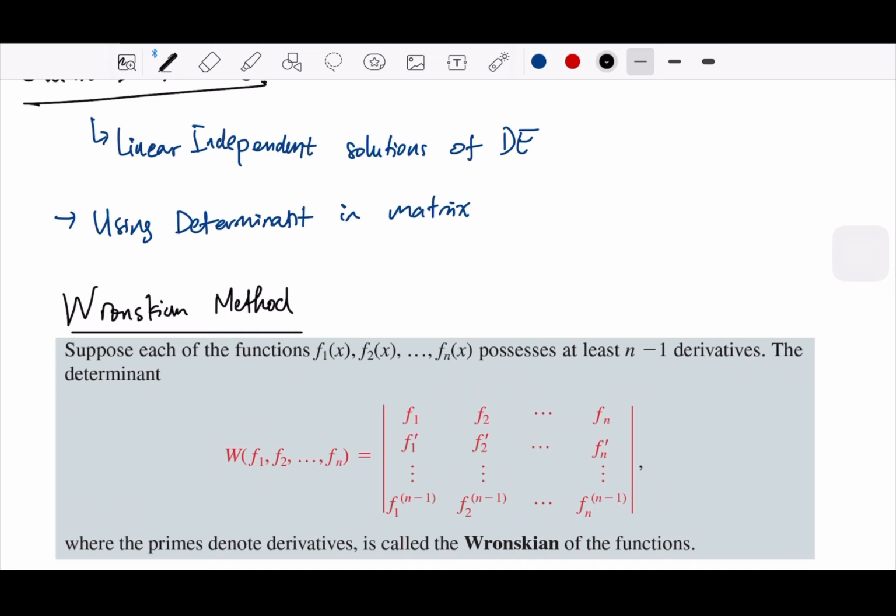If you have these 2, then this is f1 f2 prime minus f1 prime f2, the determinant. If you have 3 by 3, you compute the 3 by 3 matrix determinant. I will try to involve some of the computations so we can review matrices as well for computing the determinant.